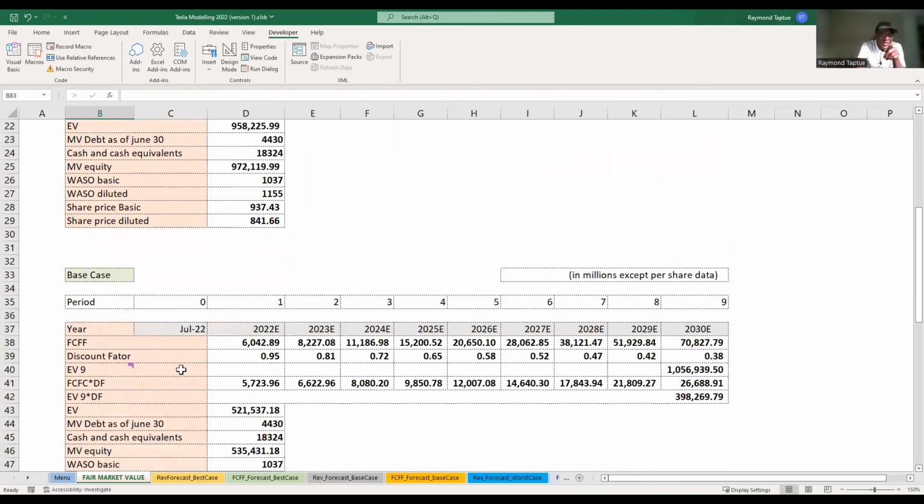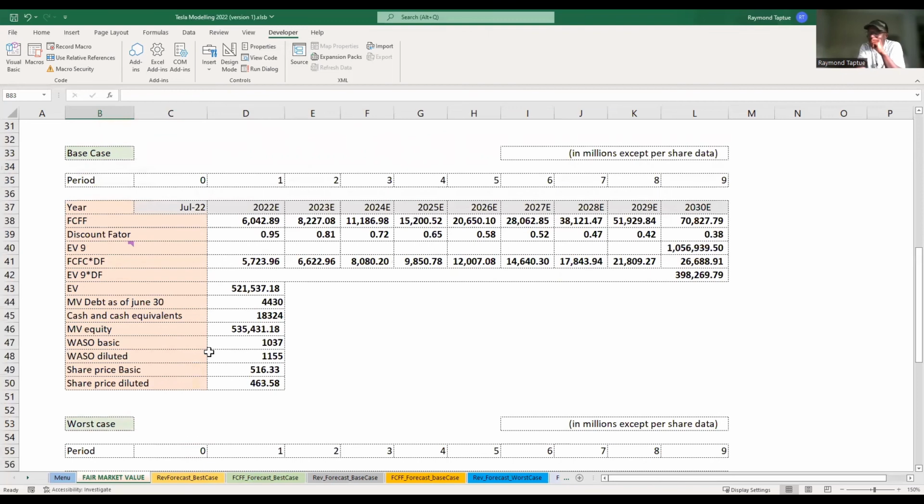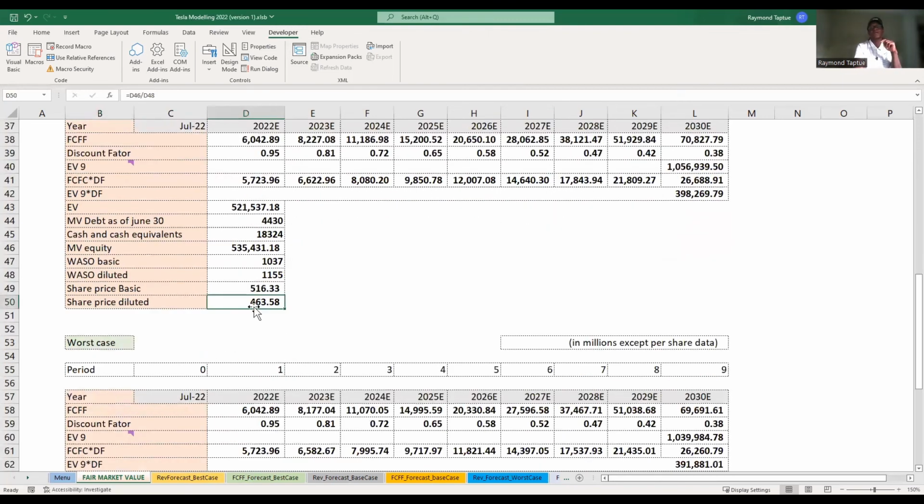Or if you believe that the base case scenario is what is highly likely to happen, then the fair market value of Tesla should be around, using basics, $516, or using the diluted one, about $463, meaning that Tesla is grossly overvalued.